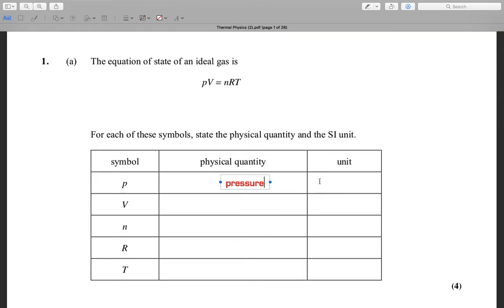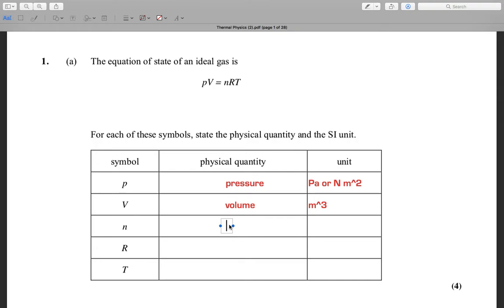The unit of pressure is Pascal, or Newton per meter squared. V is volume, and the unit is meter cubed.